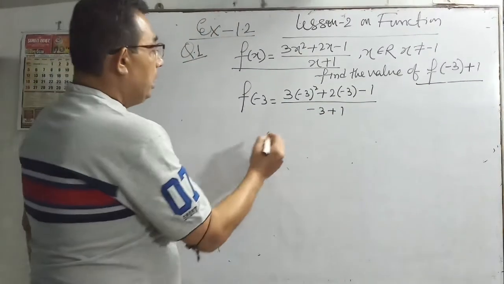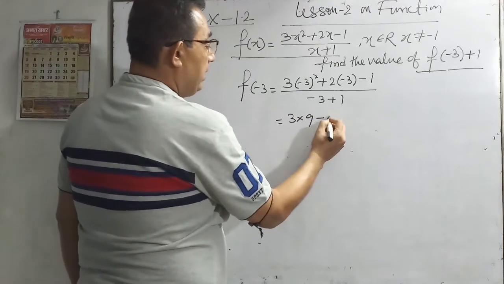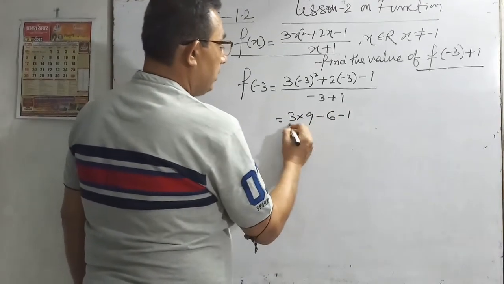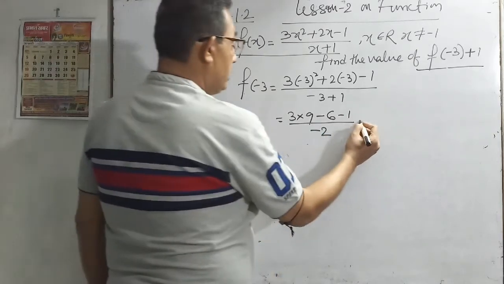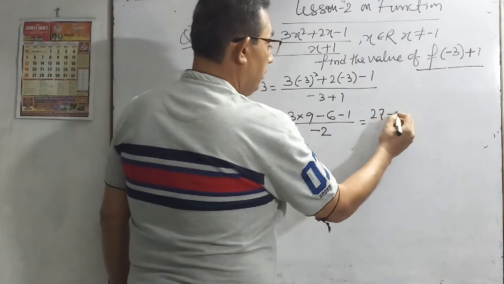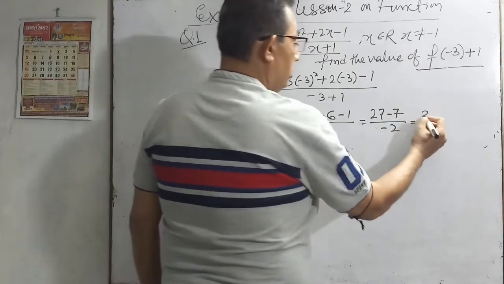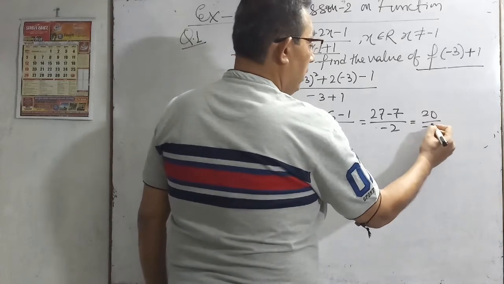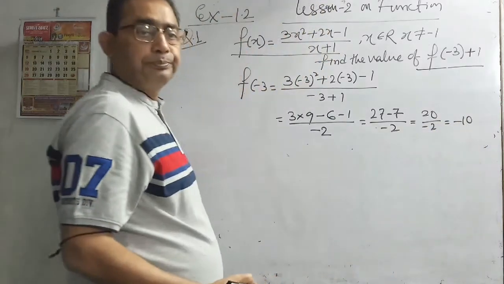Clear? Now 3 into 9 minus 6 minus 1, by minus 2. This is how much? 27 minus 7 by minus 2 equals 20 by minus 2 equals minus 10.